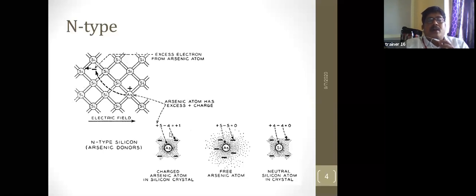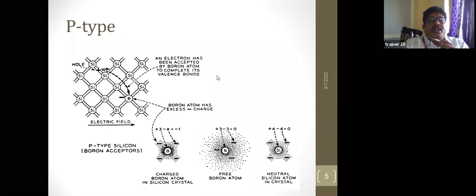That means arsenic is in excess, so arsenic can donate. Next, P-type: if you see clearly, it is boron. Here boron is P-type with silicon. Boron accepts, which means silicon is the donor here.